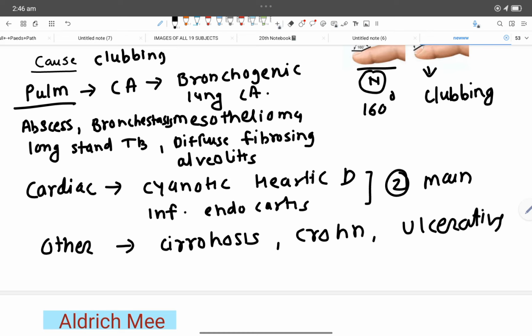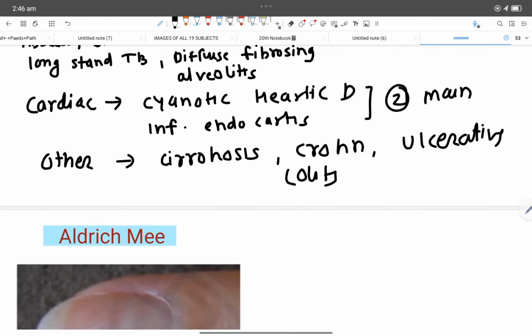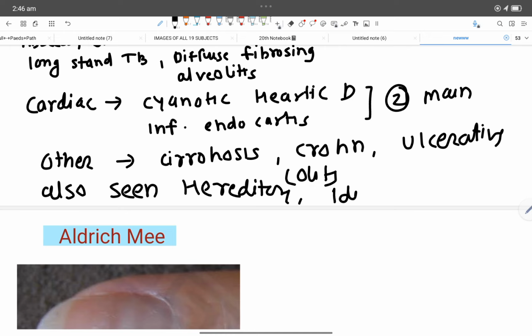It is also seen in hereditary cases, in idiopathic cases, and in acromegaly.